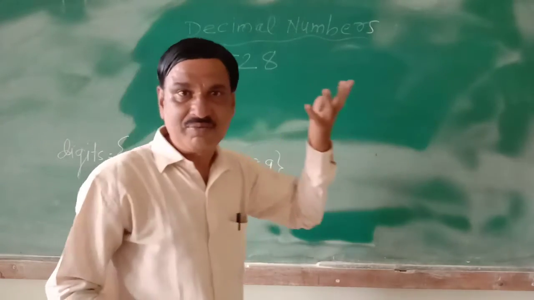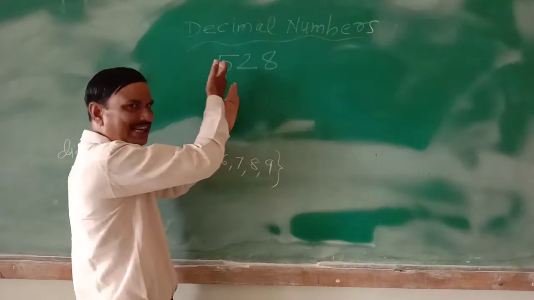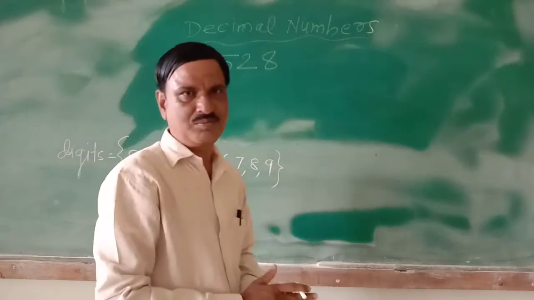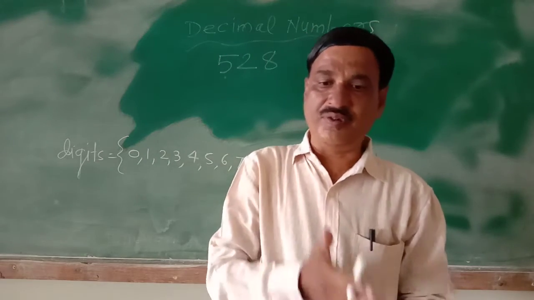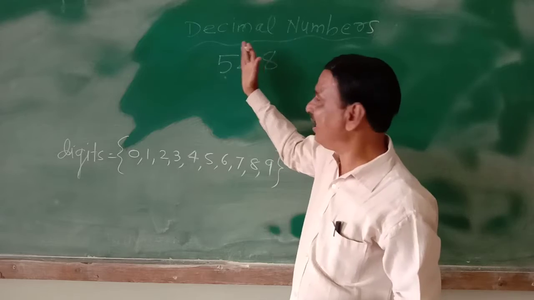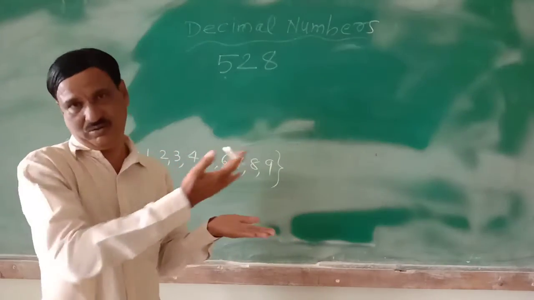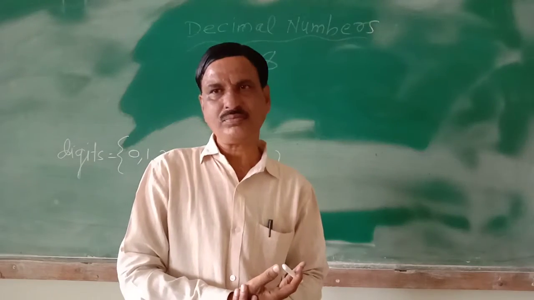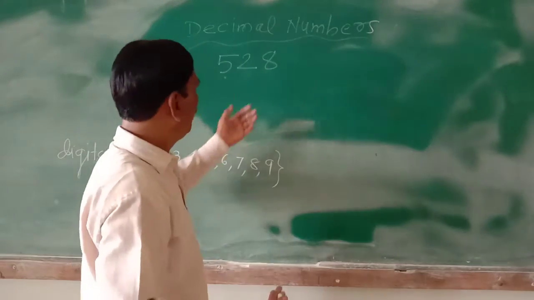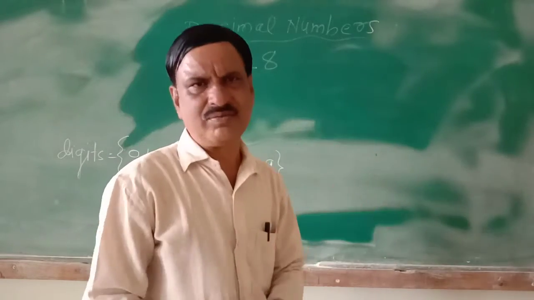So we can say 1000. It means as the digit increases, it will start from unit place, decade place, then like this, century like this.